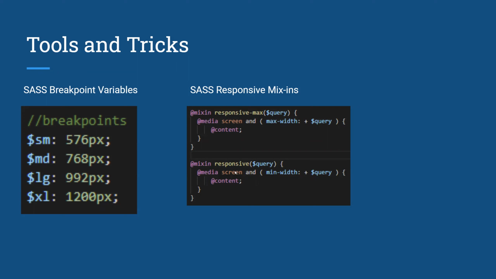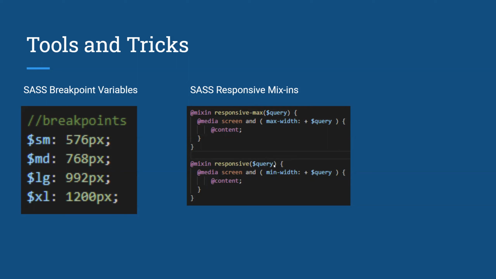So in this case, what it's doing is simplifying the syntax of separating your breakpoints. Typically we'll be using this responsive mixin that I've created, and you pass in the screen size. For instance, inside of a block of Sass code, you'll just say include responsive, and then you'll pass in small, medium, large, extra large.